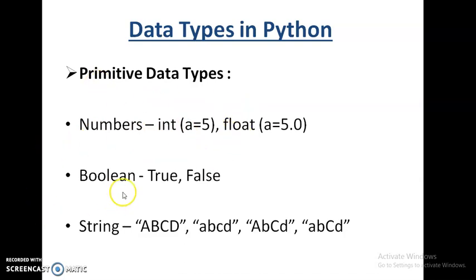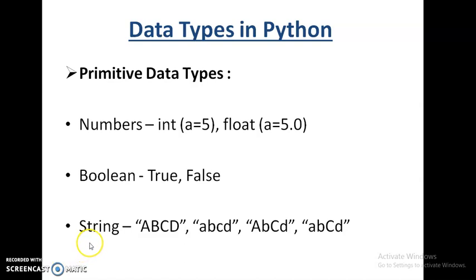Now the next data type is Boolean, and only two values are there for a Boolean data type, that are true and false. When we assign these two values to the given variable, the type of that variable will be Boolean, and again we don't have to explicitly define this type to a variable. Python will understand as soon as we dynamically assign the value to the given variable.